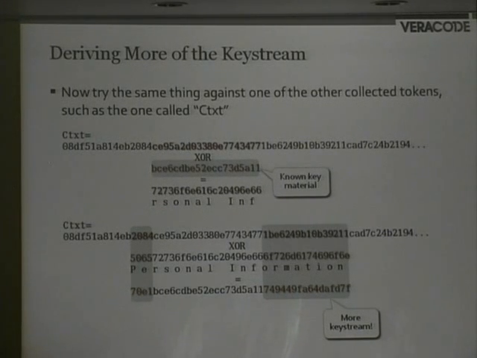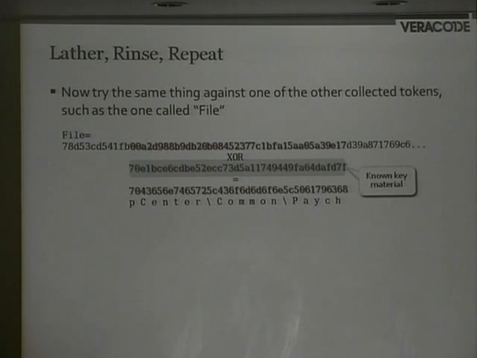Great. Repeating that because I've got all these different tokens to work with. They're reusing this keystream all over the place in the application. So I can just take these tokens and XOR them with my known key material and keep growing the amount I know of the keystream. So I do it with a different one called file, and I get out this string.